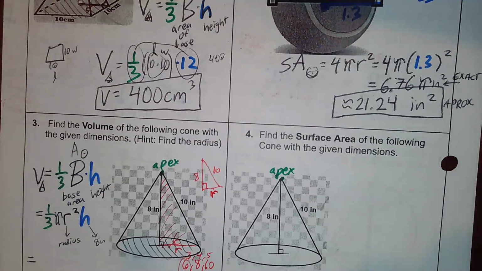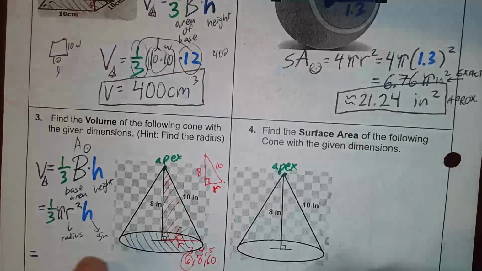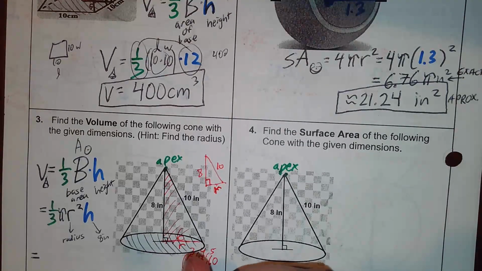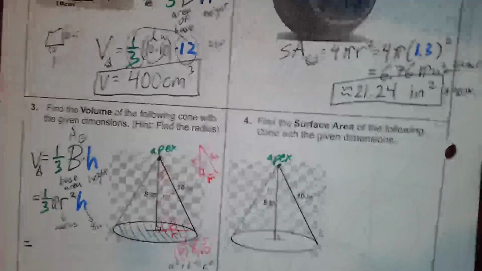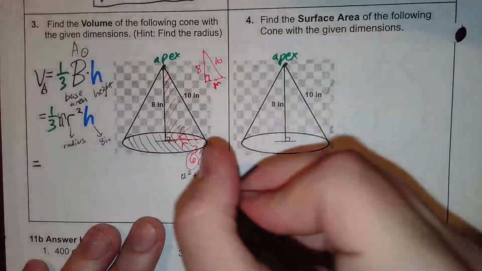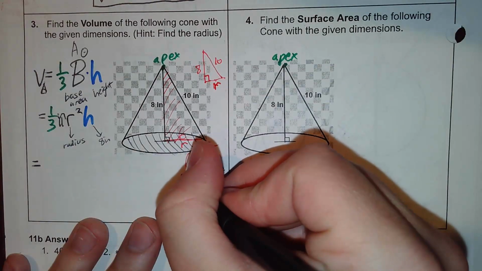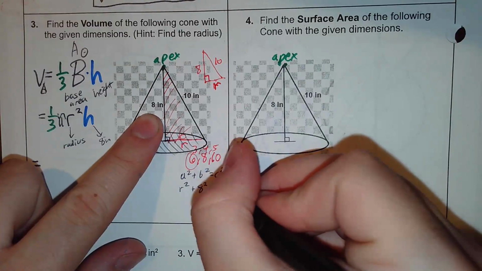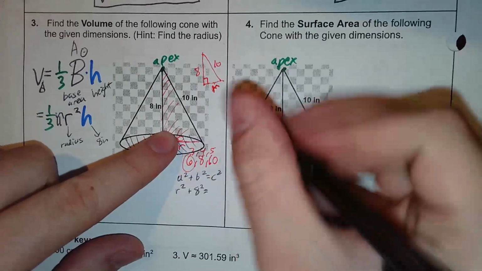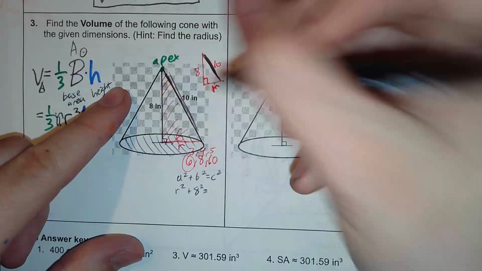But if you didn't figure it out using Pythagorean triples, you can also just do a squared plus b squared equals c squared, where a is, you can say, the radius, b is 8, and c, which is, you of course know, always the hypotenuse, or in this case the slant height.